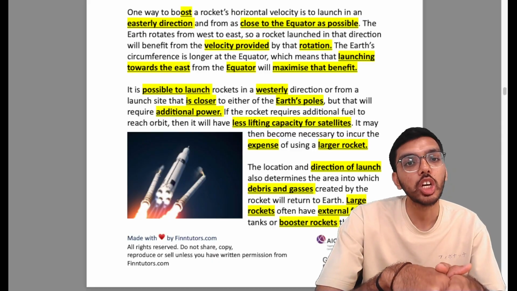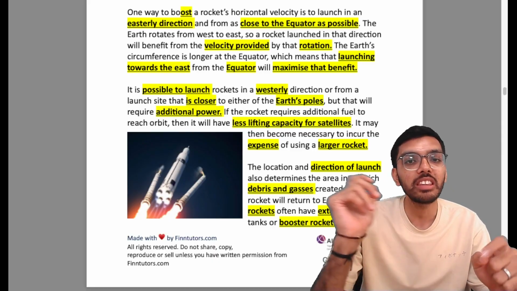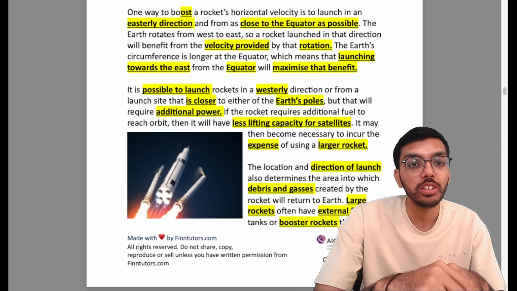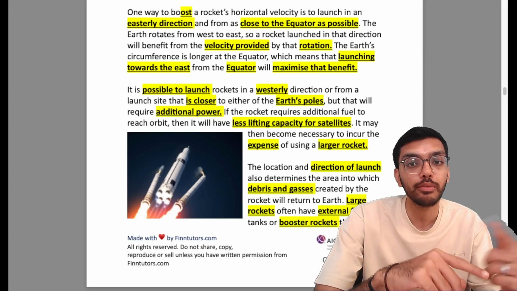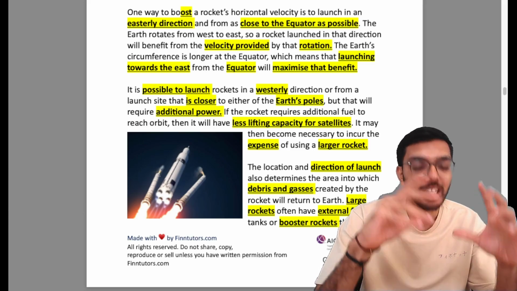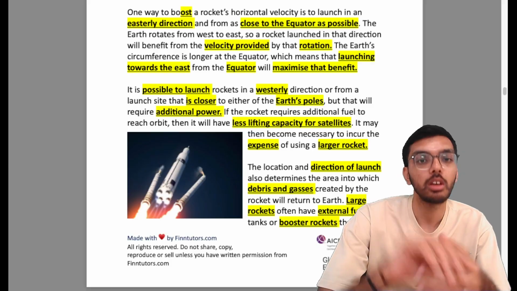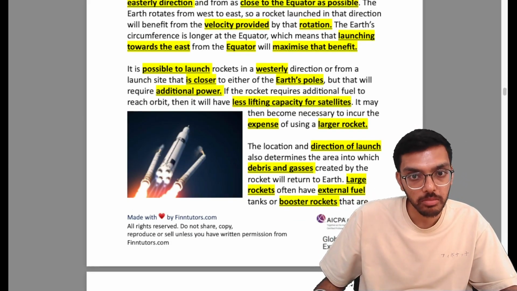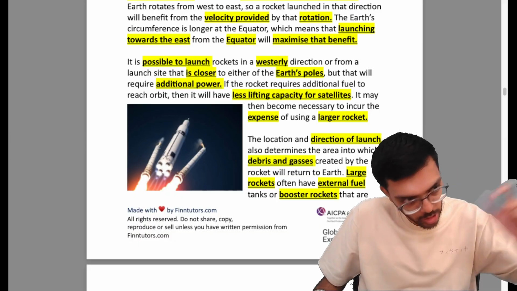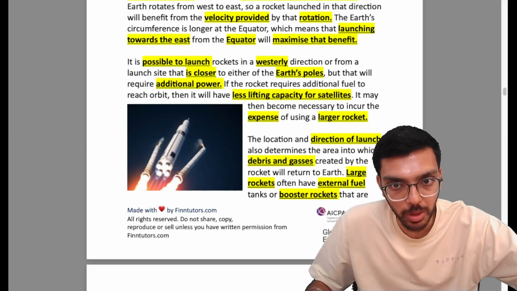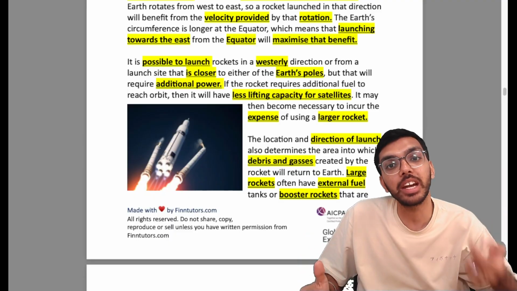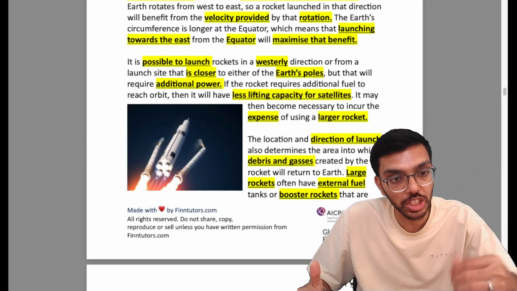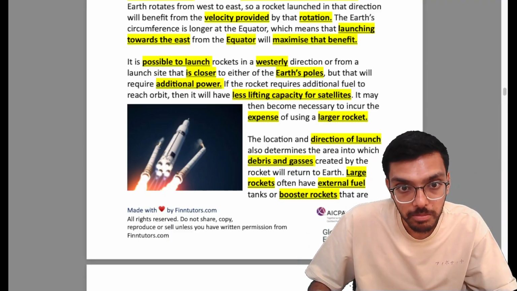The Earth's circumference is longer at the equator, which means that launching towards the east from the equator will maximize that benefit. It is possible to launch rockets in a westerly direction as well, or from a launch site closer to the poles, but that will require additional power, additional fuel, additional complexities.